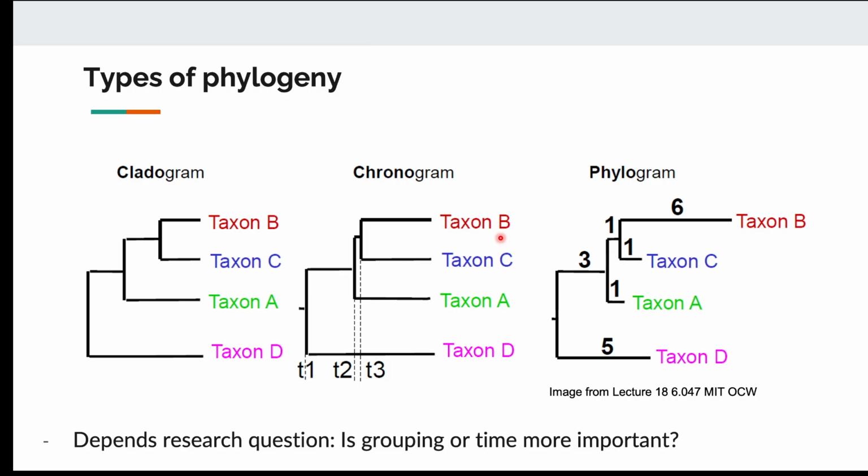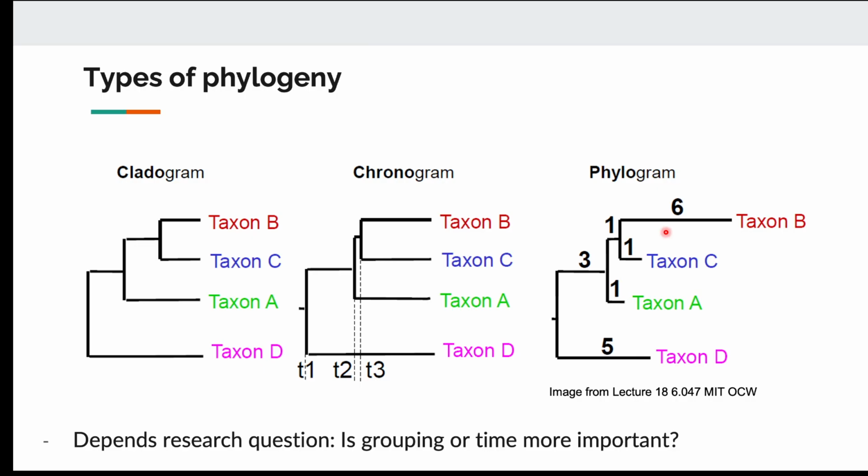But sometimes we don't want to assume that the mutation rates are the same, right? Because who knows whether human and mouse have the same mutation rate? Probably not the same. So instead of fixing the time, to make sure that every taxon is aligned at 2025, we can also reconstruct the phylogeny by only caring about the mutations.